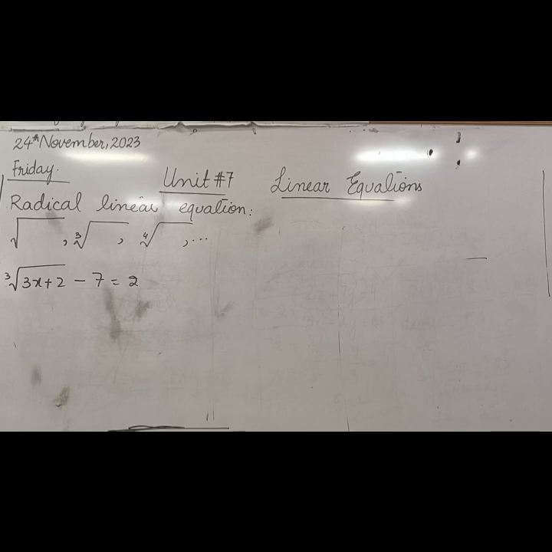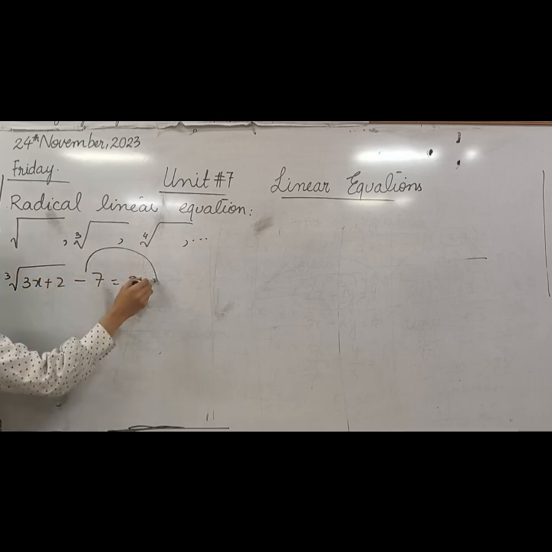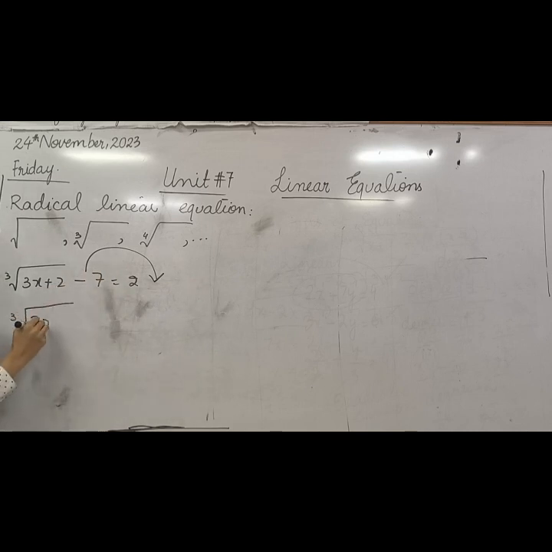Now one thing should be kept in your mind, that the radical expression should be on one side and all the other constants and variables should be on the second side. So we will move this minus 7 to the right side. Cube root of 3x plus 2 is equal to 2 plus 7. In the next step it will become cube root of 3x plus 2 is equal to 9.